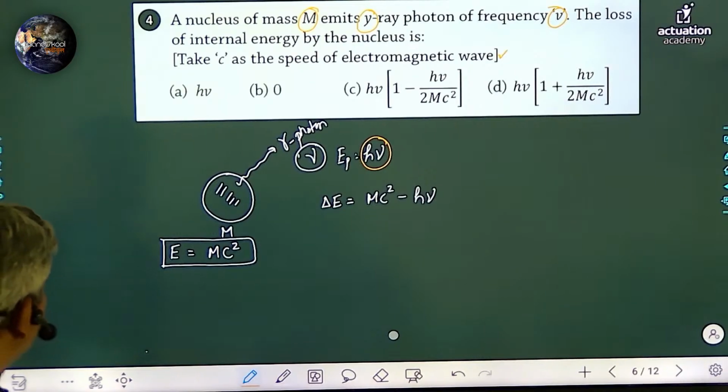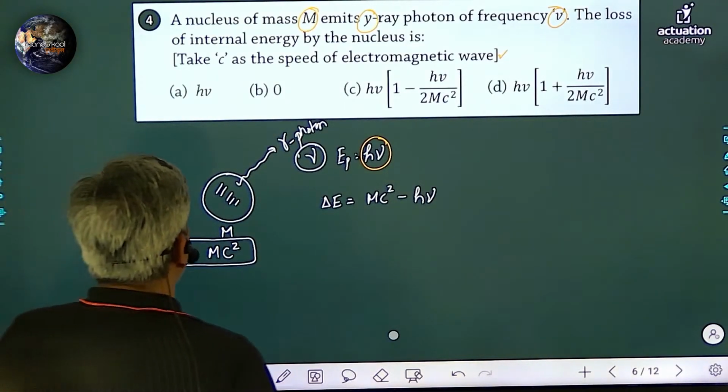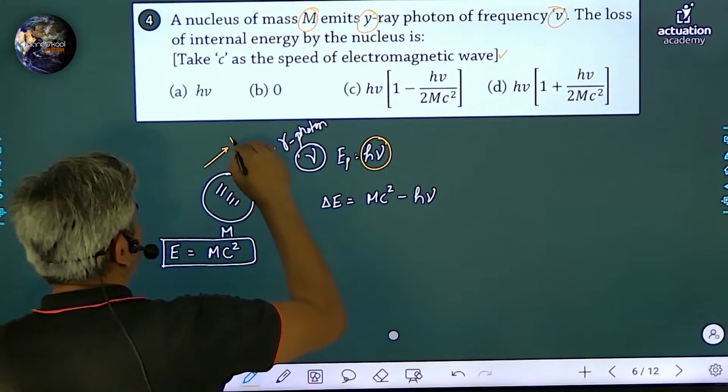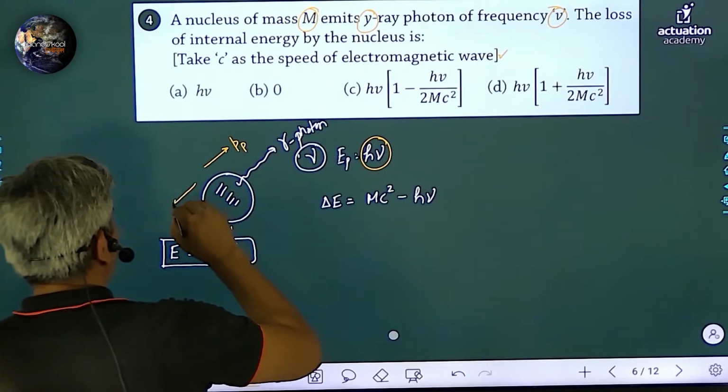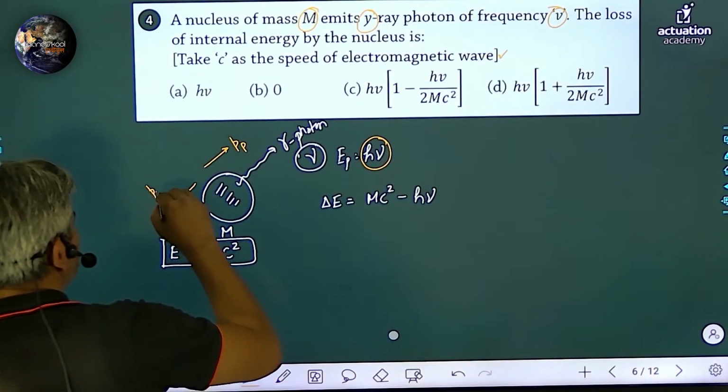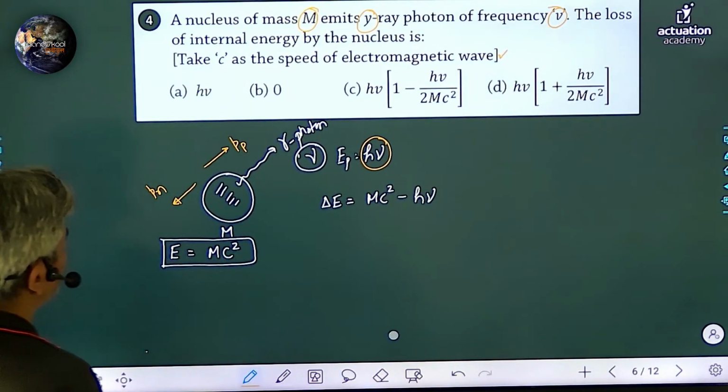So the kinetic energy acquired, we can easily write down, depends on the momentum of the photon and the momentum of the nucleus. And both must be equal.